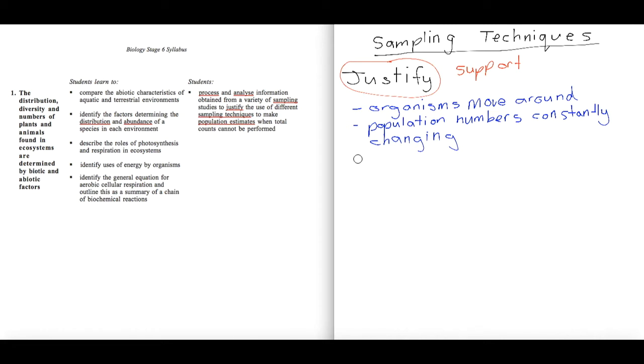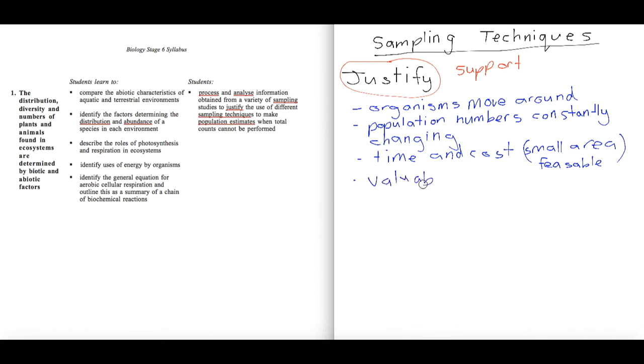So these sampling techniques can be used to make an estimate. Now, time and cost also provides support for these sampling techniques. So it is much less timely and less costly to sample a smaller area and make estimates of the population in that area, rather than trying to make population estimates in a larger area.